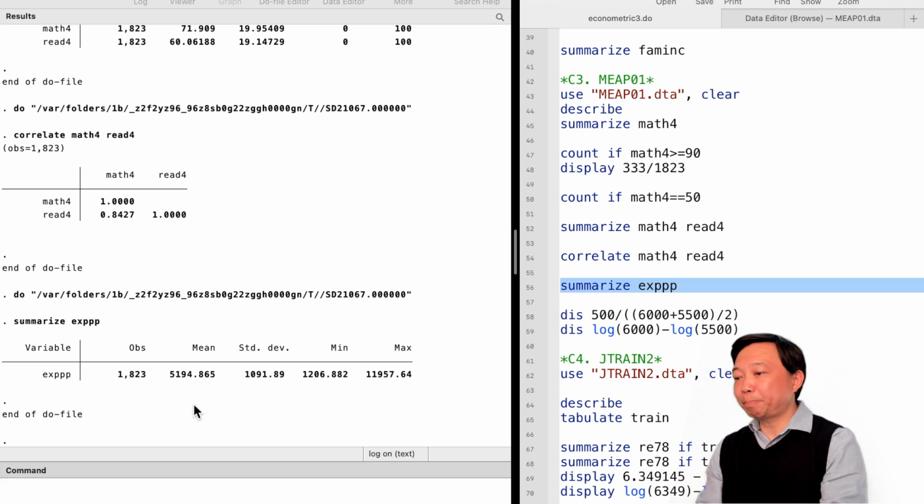The average expenditure per pupil is $5,195. Its standard deviation is $1,092. There is a wide variation in per pupil spending. The range between the minimum and the maximum expenditures is also large.